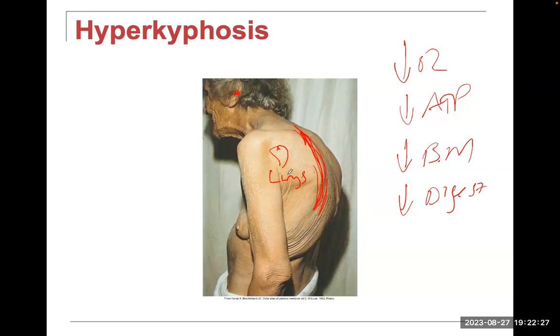We don't see lots of good muscle tone here. So probably decreased protein, decreased ability to absorb collagen for healthy bone. You need protein for muscle, for tendon, for ligament, for bone, for blood.